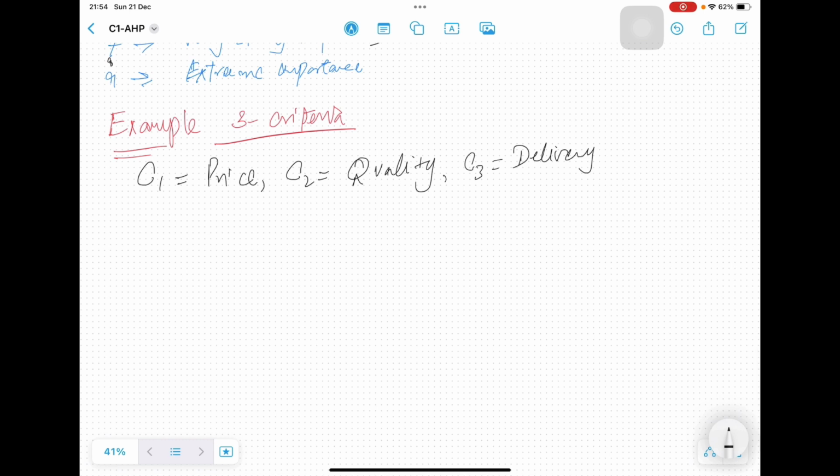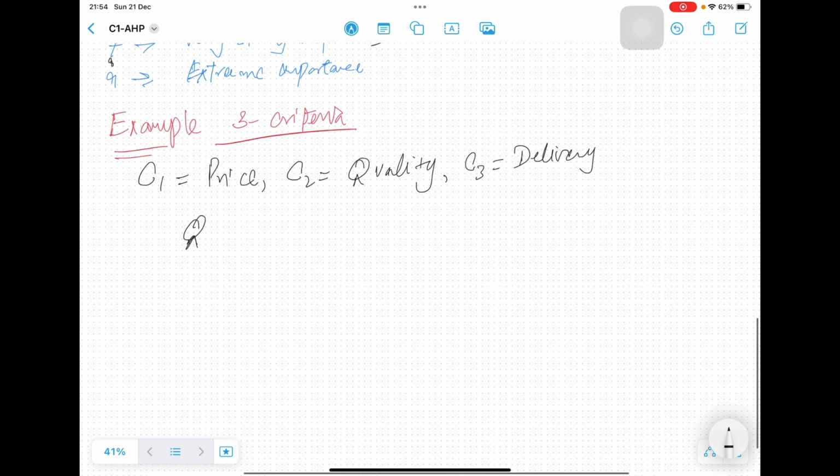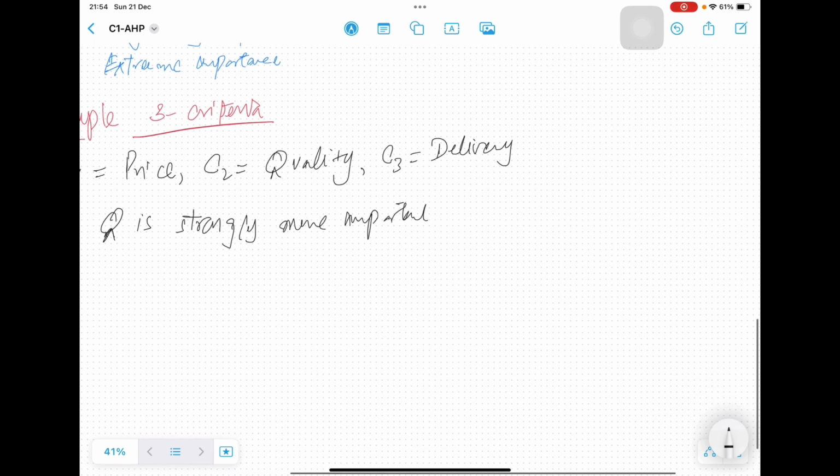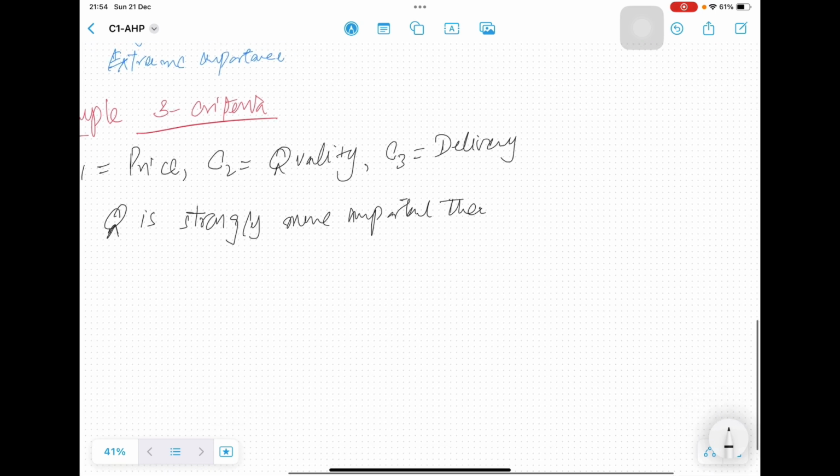Suppose I am the decision maker, and it depends on me at this time, as I'm working on this case. So I say that quality is strongly more important than price.